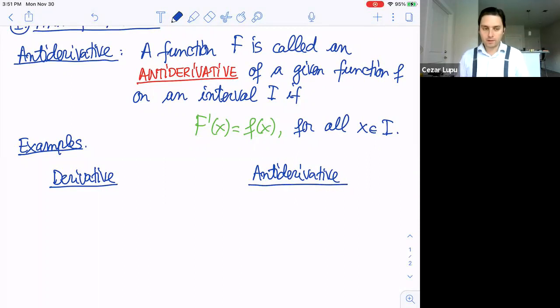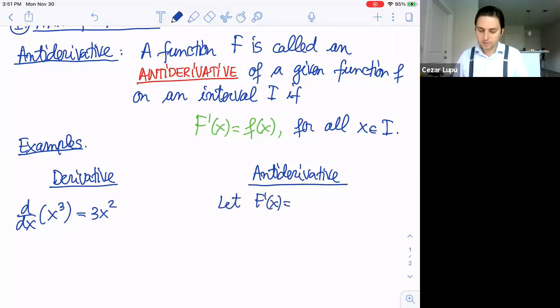And now, let's see. You know from the derivative that, for example, let's use Leibniz notation, that the derivative of x cubed with respect to x is nothing else than 3x squared. So we know this, right, already. So now we will let capital F prime of x be 3x squared, right? And we will say that antiderivative of 3x squared means, what is 3x squared the derivative of?